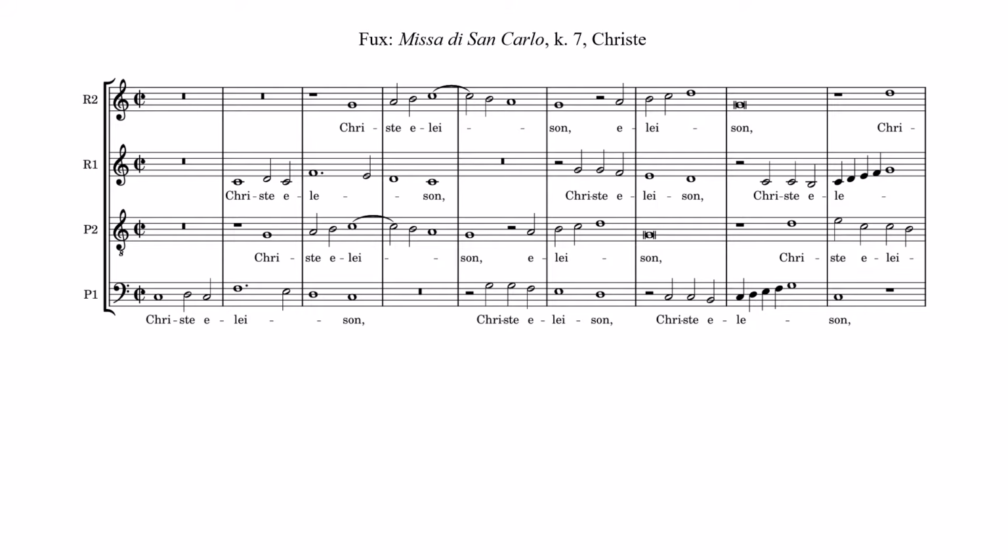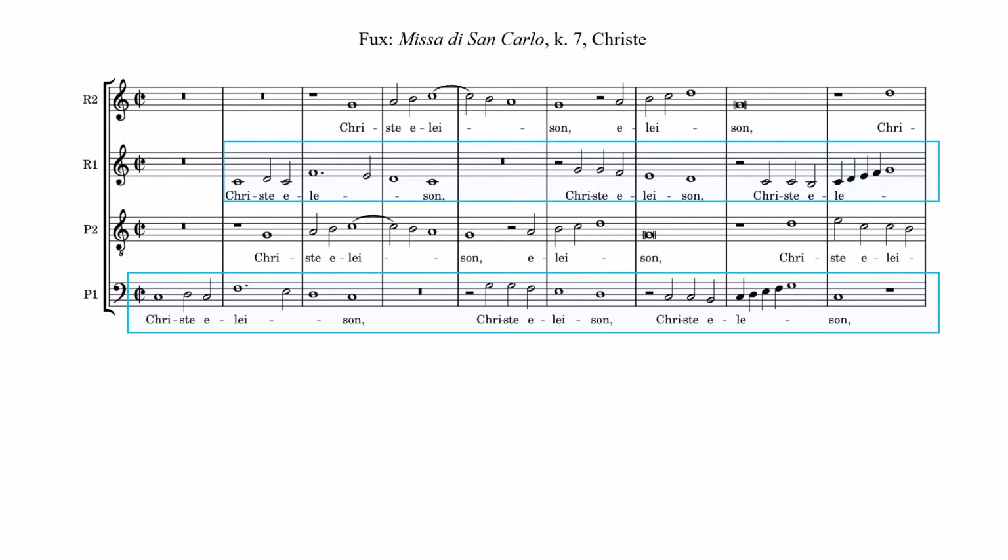As the name suggests, a double canon is one made of two simultaneous canons. In this case, we can see a canon at the upper octave at a distance of one measure.